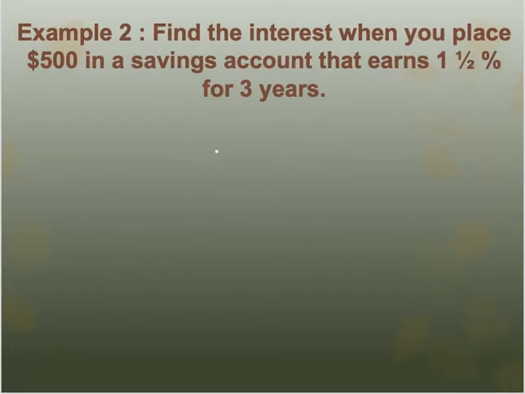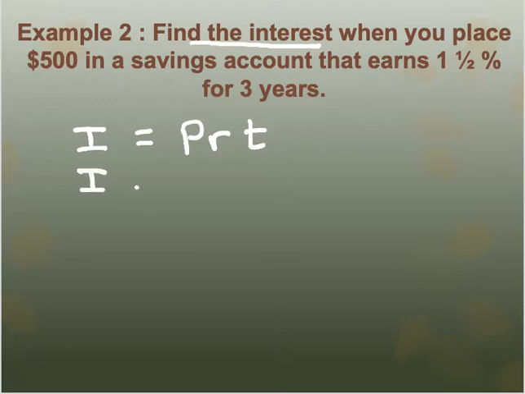In our second example, find the interest when you place $500 in a savings account that earns 1.5% for 3 years. So once again, start off with your formula. I = PRT. Since I'm trying to find the interest, I is my unknown. I'm going to leave that as I. I place $500 in the account, so that is my principal.